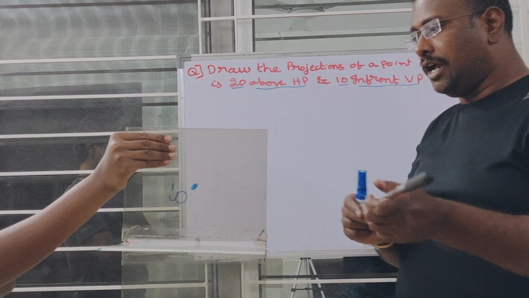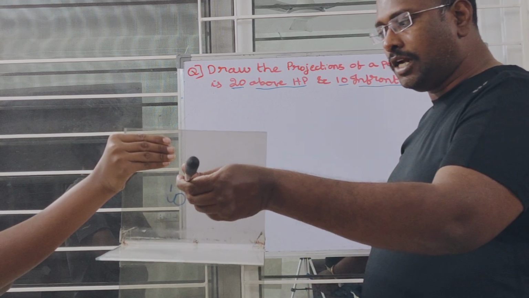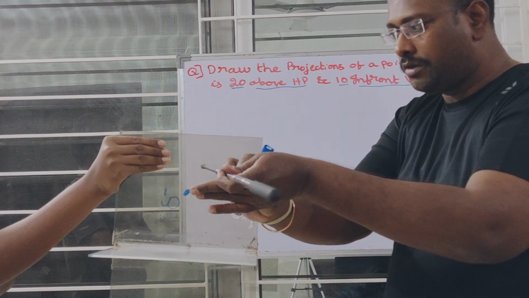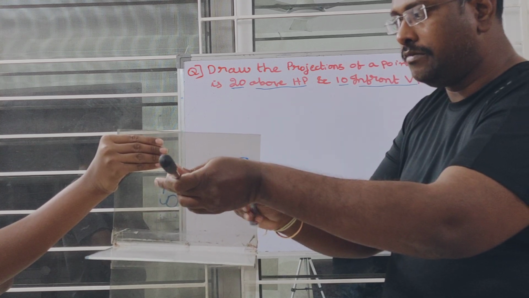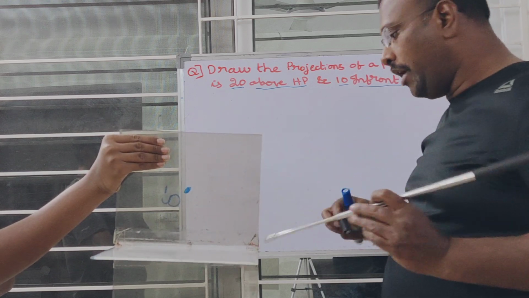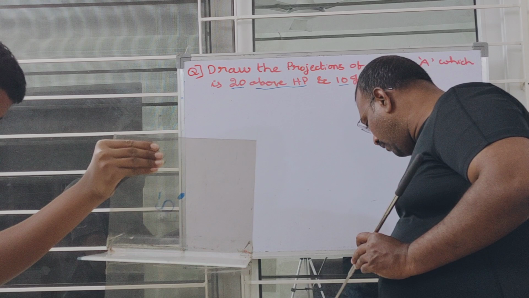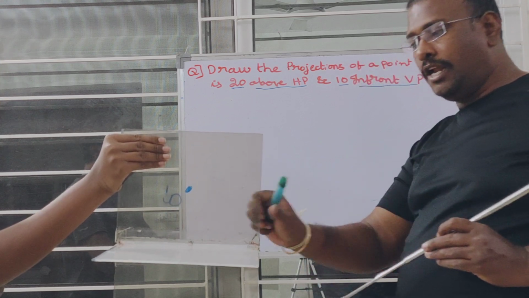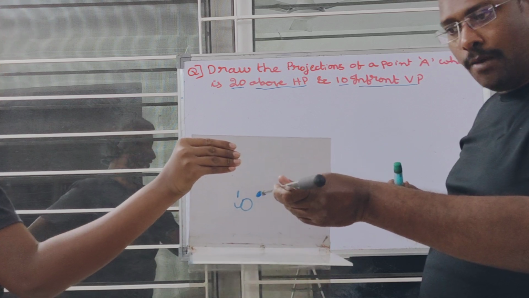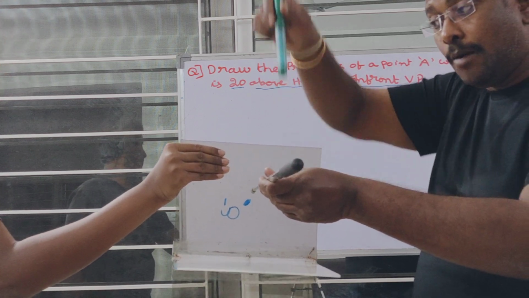Now, in order to get this, we need a projector like this. With the help of this projector, we are going to get it. This is the front view projector. But where will this front view projector appear? It appears in the top view.